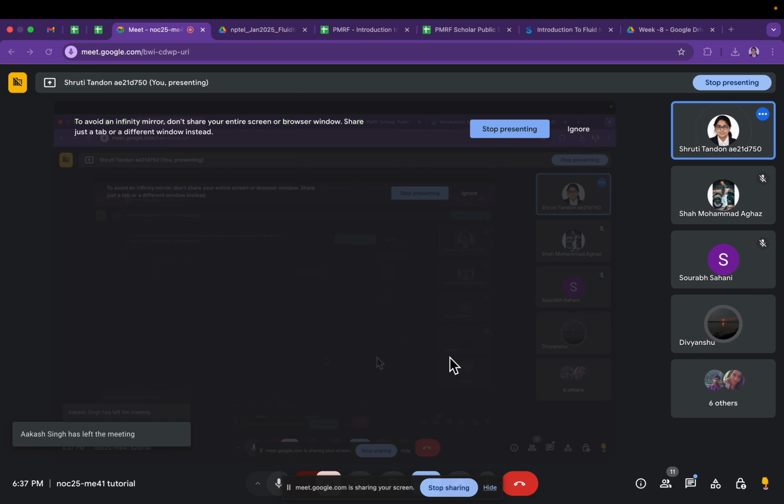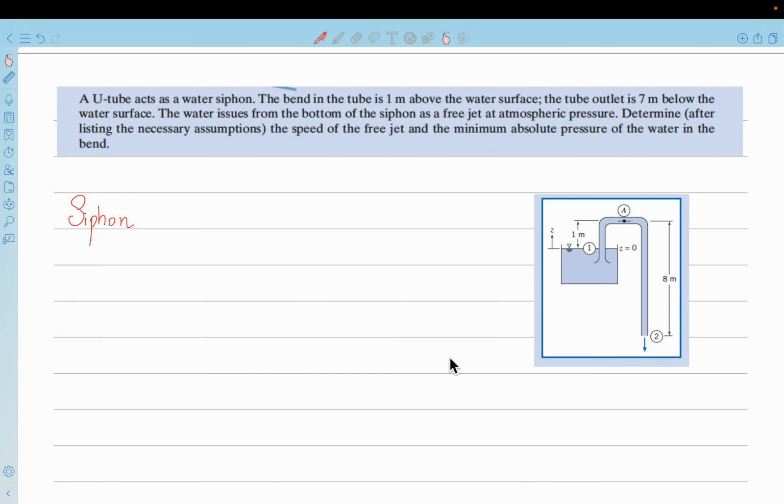So the reservoir can be, let's say, if we have some reservoir over here, then in order to take the water from here down, I can put a pipe, and just by the flow of gravity, this water is going to flow down, right?